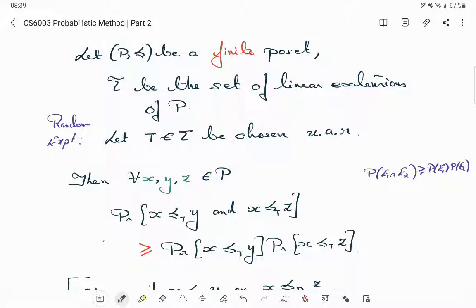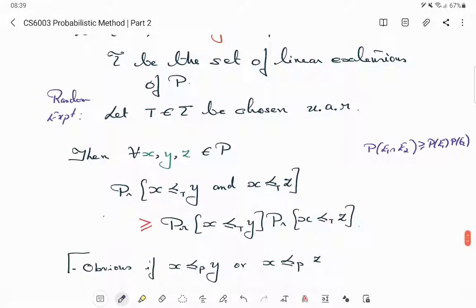The XYZ theorem tells you that these two events are positively dependent, where this is the event E1 and this is the event E2.